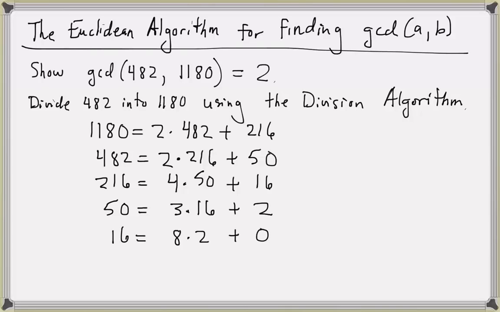Well, by the Euclidean algorithm, we'll see that the last non-zero remainder in this process actually equals the greatest common divisor. So in this case, the last non-zero remainder is the greatest common divisor of 482 and 1180.